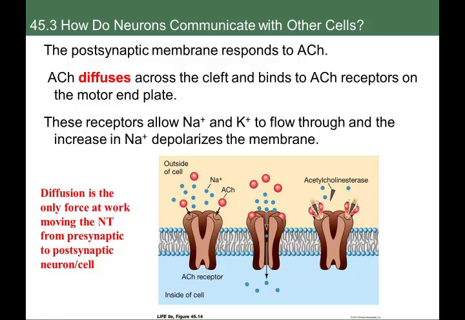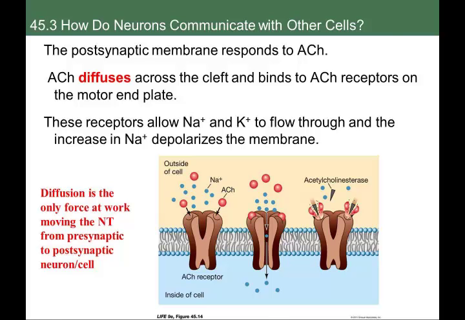Again, postsynaptic membranes respond to acetylcholine, and that is the one sense where once we have the action potential and it causes the release of the neurotransmitter, we are now left to the simple process of diffusion. There's no way to actively move the neurotransmitter across the synaptic cleft, which is why the cellular architecture between a pre- and postsynaptic neuron is extremely close.